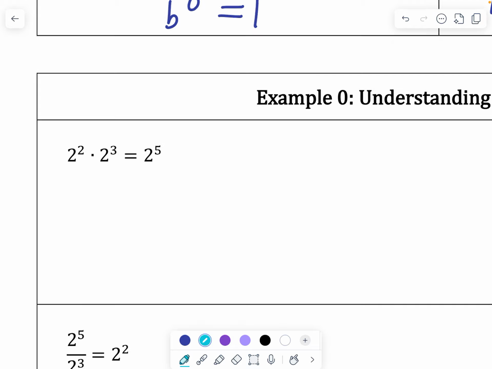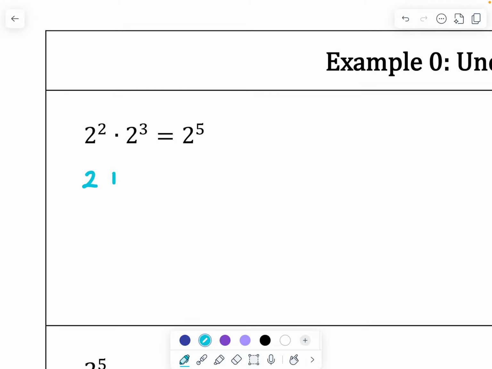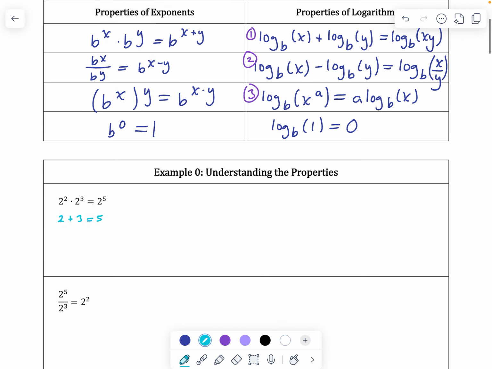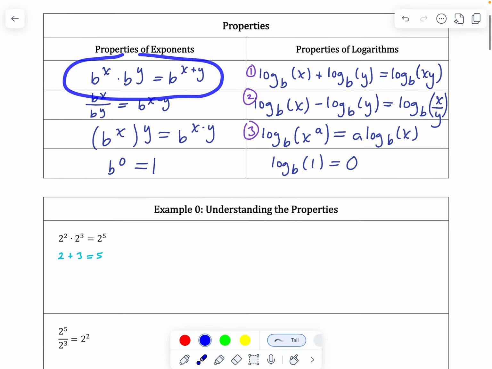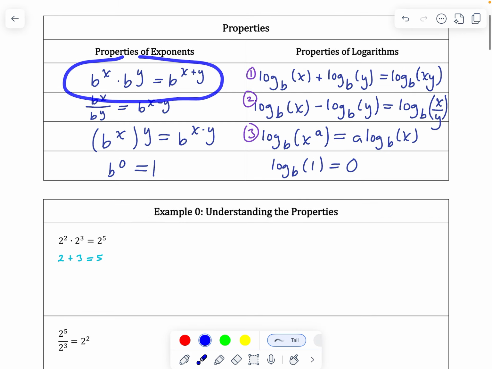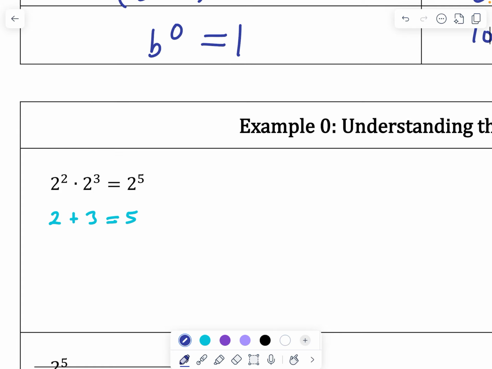Really, the moral of the story here is that 2 plus 3 equals 5. It's a game of exponents, and we just used, right, this is making use of this property of exponents right here. And I want to show you how it relates to the corresponding property of logarithms.